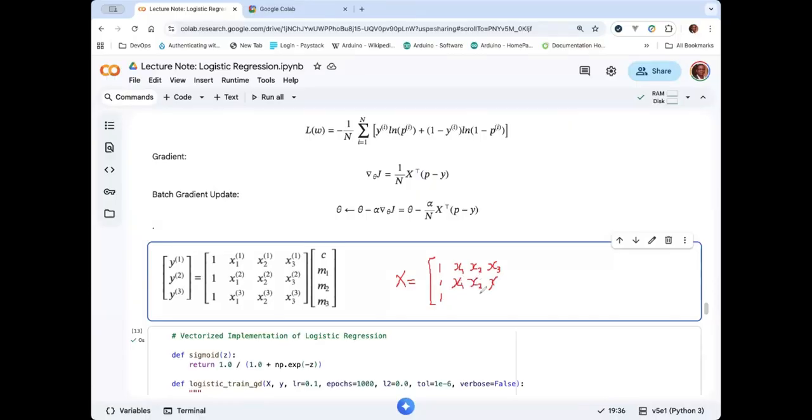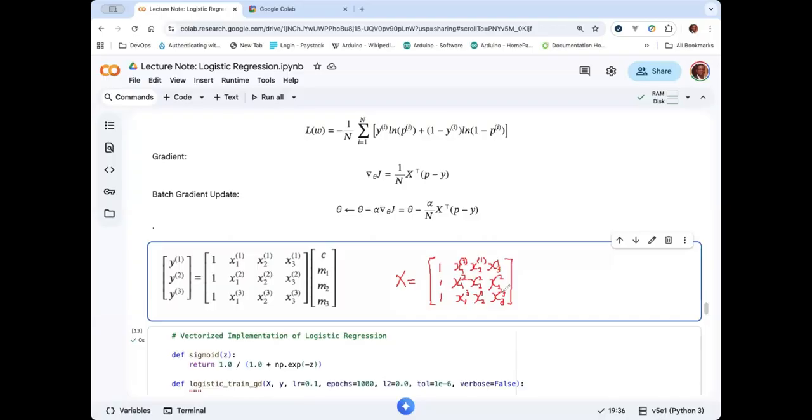We can just call them X4, X5, X6, but let's just keep calling them X1, X2, X3. But for each of these, remember, this is for the first data point, and this is for the second data point, and this is for the third data point.